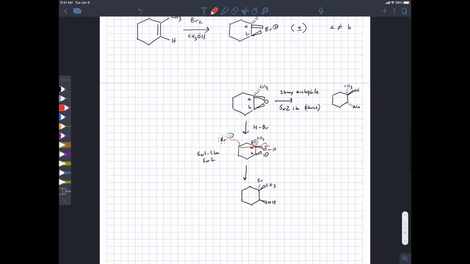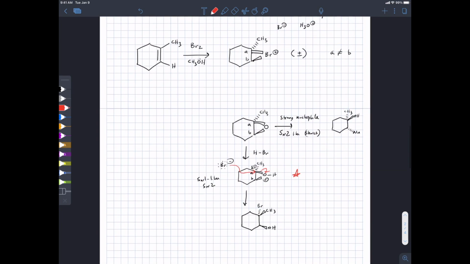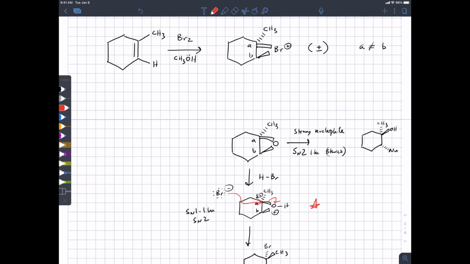Now, it's possible that that explanation didn't make a huge amount of sense to you the first time we talked about it. So we're going to have a chance to review that now as we talk about what's going on with this bromonium ion. If you look at the structure of that bromonium ion and you calculate it, it turns out that the bond between bromine and the more substituted carbon is actually longer than the bond between bromine and the less substituted carbon.